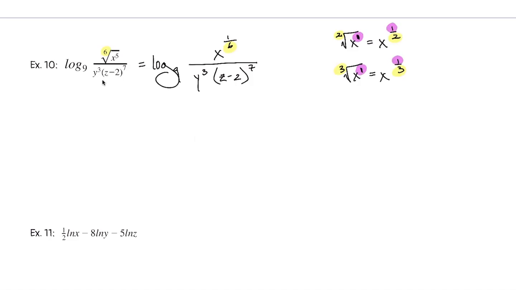So in this case, our numerator shouldn't be 1, but it should be 5. Yeah. We could say x to the 1/6 to the 5th, and then once we multiply them, we'll get 5/6.